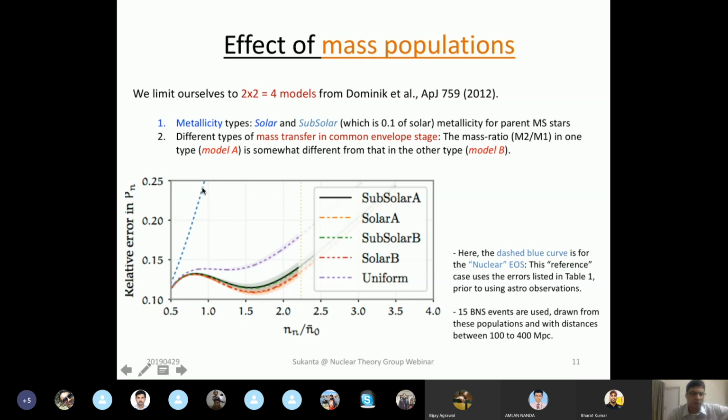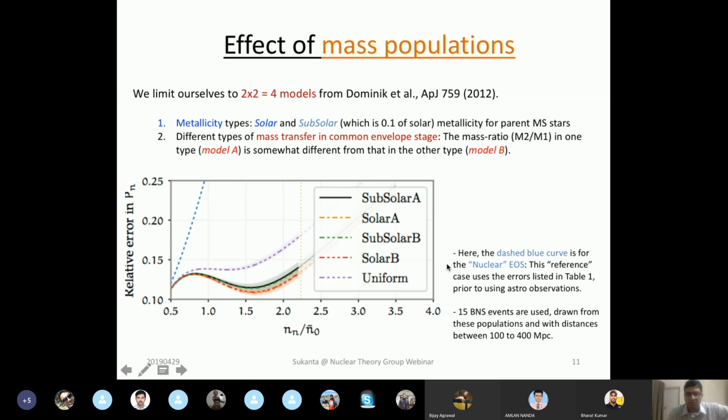By the way, if you're wondering what this is: there are no gravitational wave observational inputs folded in here, but only the nuclear errors that are shown in parentheses in table 1. So this is showing that astrophysical inputs for that central equation of state actually do improve over just this nuclear equation of state.